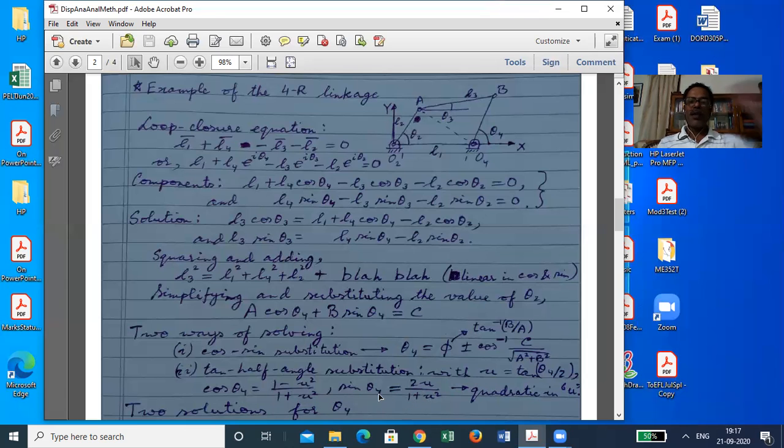So if you substitute this in place of cos theta 4 and sin theta 4, in the denominator in both terms you have got 1 plus u square. So throughout you multiply with that, and that is fine. That will never be 0 because 1 plus u square cannot be less than 1. Okay. So then finally, as you organize all the terms together, you will basically get a quadratic in u. And you can solve it and get two solutions.